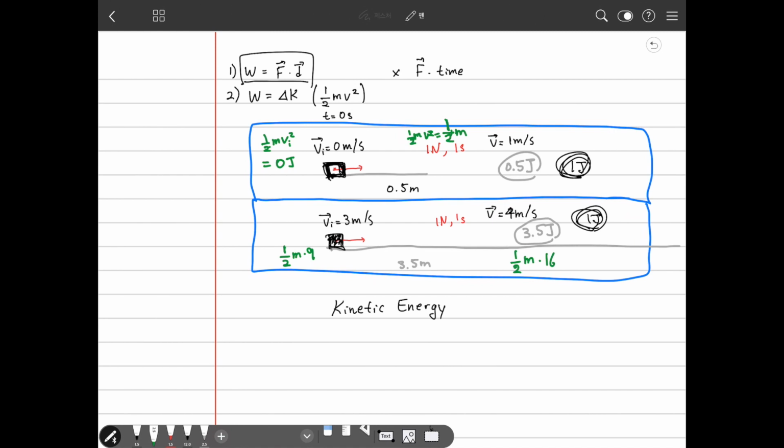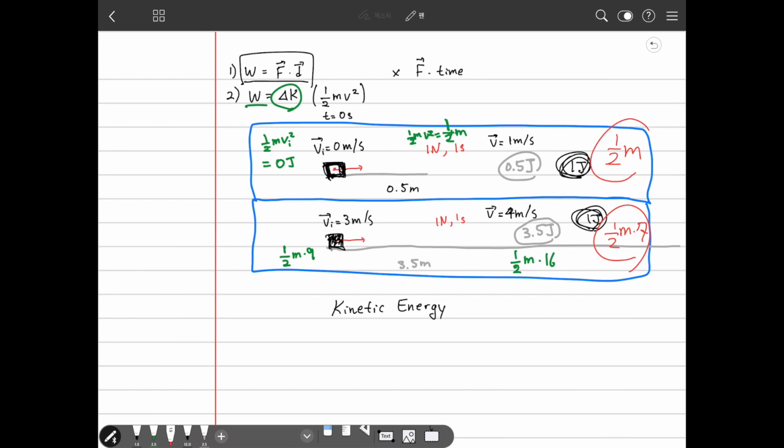So you can see that the difference in kinetic energy, which is work, is 1/2 m in the first case, and 1/2 m times 7 in the second, because 16 minus 9 is 7.